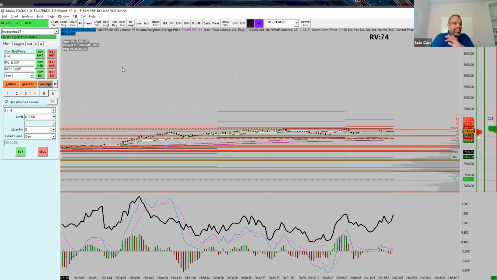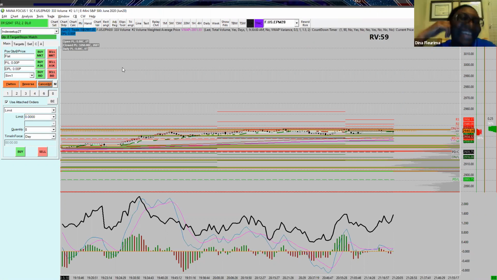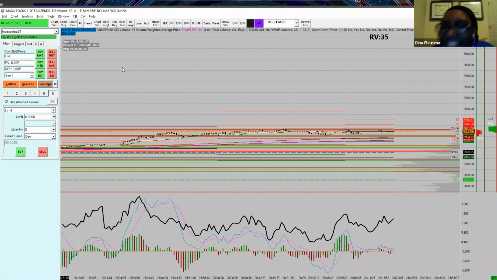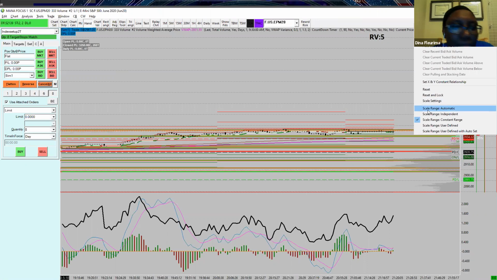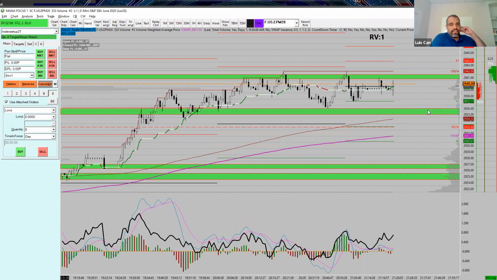Bam, boom, gone. You close that position and that money is gone. If you leave it open, then it's on paper. But if you risk too much, you might just keep growing your loss.